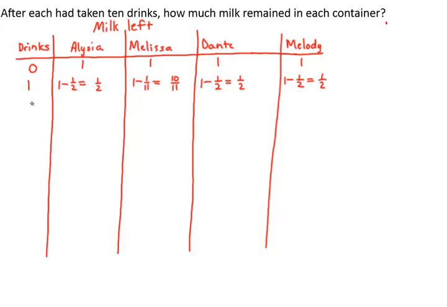Okay, on the second drink, it said she then drank 1/3 of what was left. So basically, we have 1/2 of the gallon, and then we're going to subtract 1/3 of what was left. So that's why I multiply. I typed this in a calculator, or I could go off to the side. I want to just show that work off to the side in case we forgot how to do fractions.